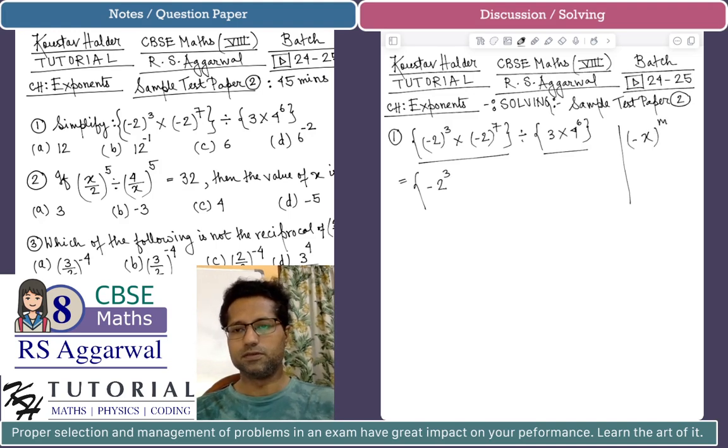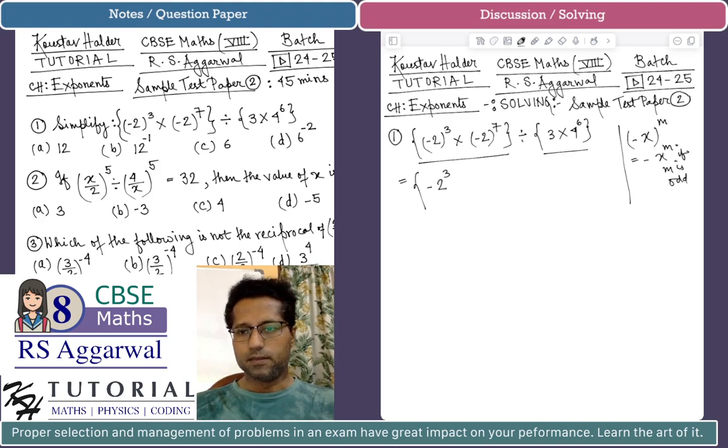The power is 3, an odd number. We know that minus x raised to the power m, where x is obviously a non-zero rational number, is equal to negative of x to the power m if m is odd, and this is equal to x to the power m if m is even.